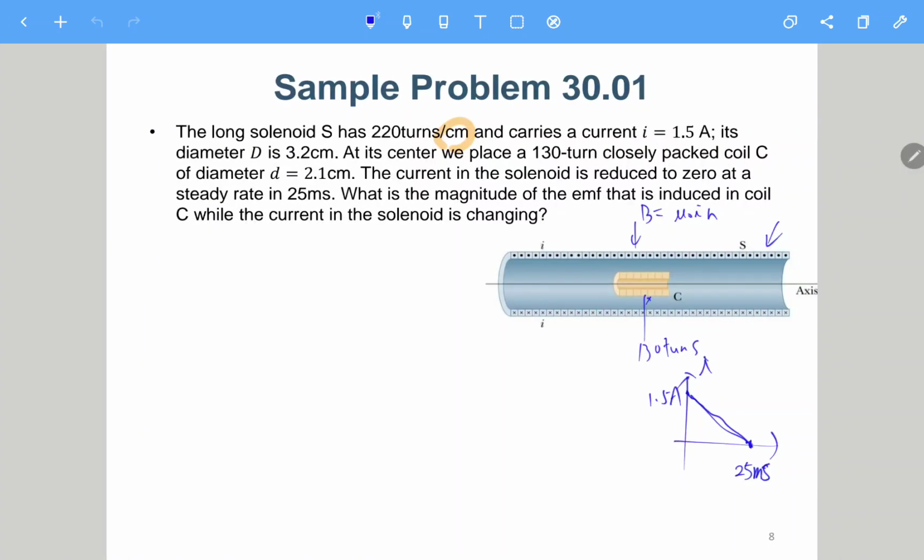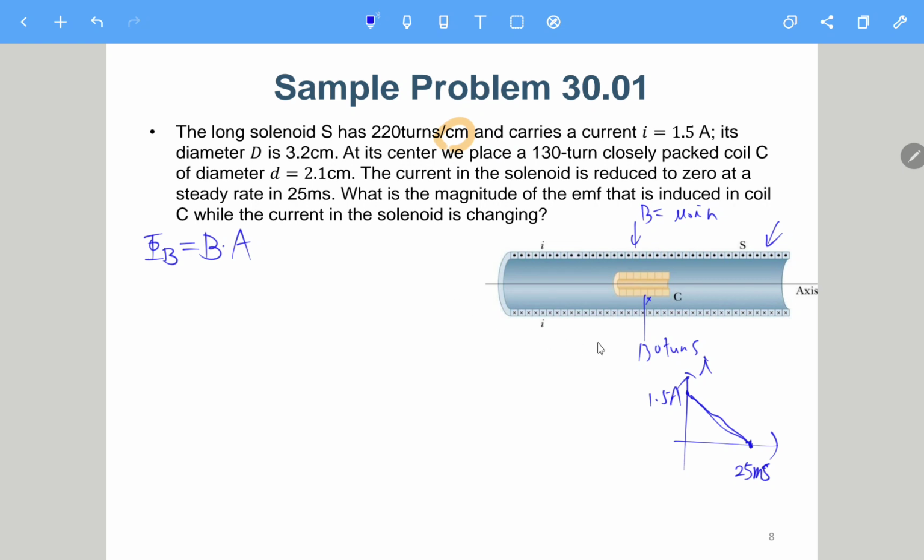At the very beginning, phi B will be B times A, because in the solenoid we assume that the B field is uniform inside, and the B field is 0 outside.